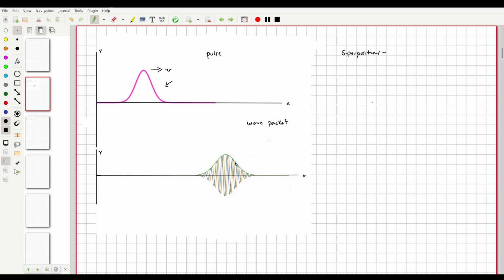Now, you actually have quite a bit of motion going on in here. For example, if you look at the packet itself, it consists of a whole bunch of waves that are superimposed together. So you have the velocity of the packet as it moves to the right, which I'll call v sub g, which is the group velocity.